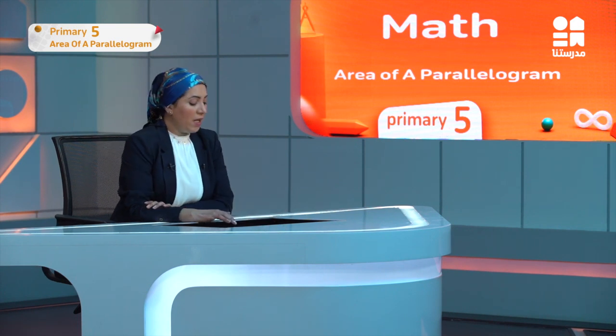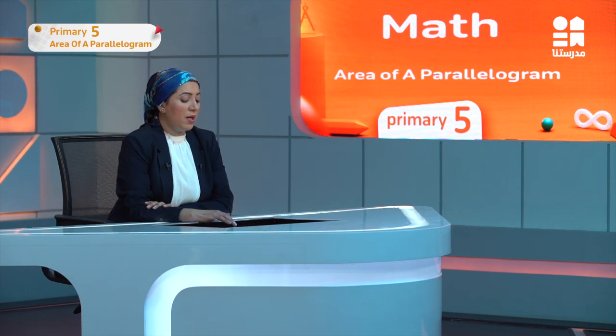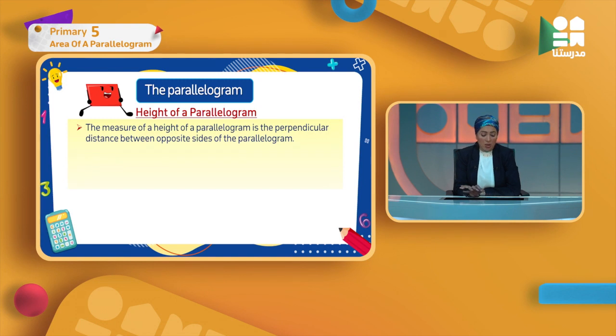So the measure of the height of a parallelogram is the perpendicular distance between the opposite sides of the parallelogram. Here in the parallelogram, it's not exactly the same idea as the triangle.